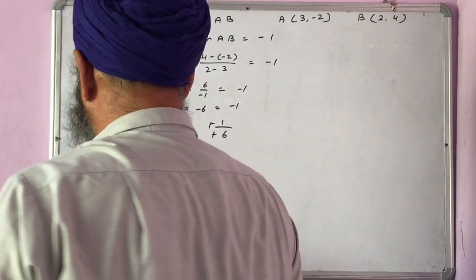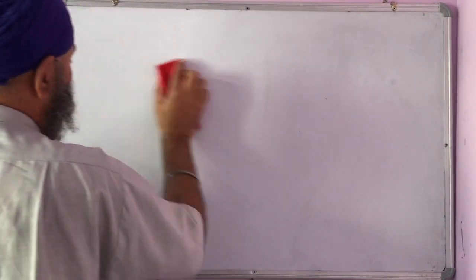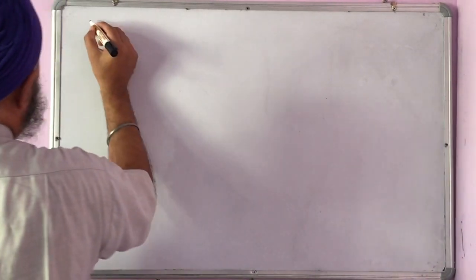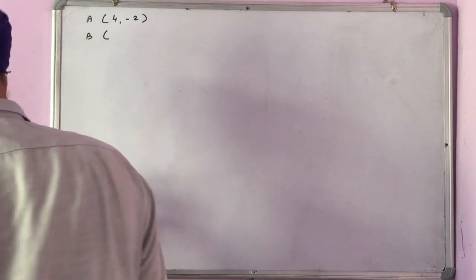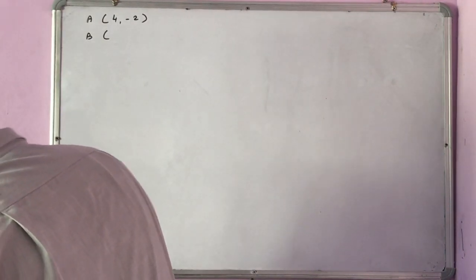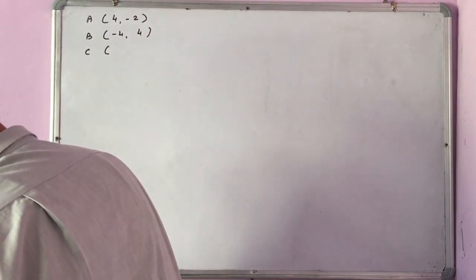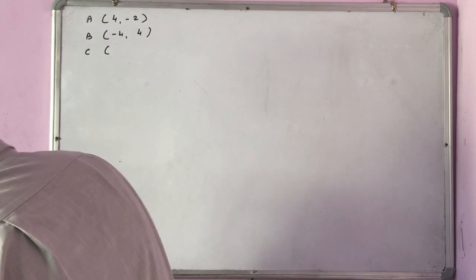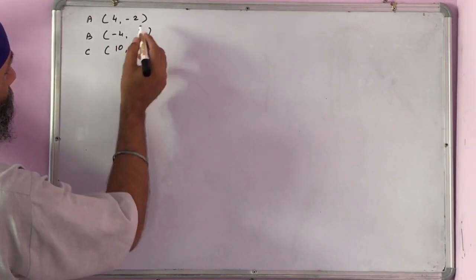Then question number 8. Without using the distance formula, show that the points A 4 minus 2, B minus 4 4, C 10 6 are the vertices of a right angled triangle.